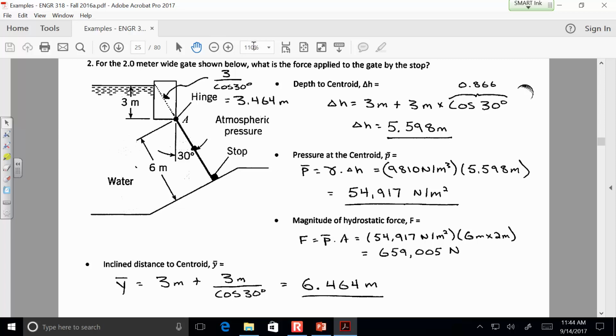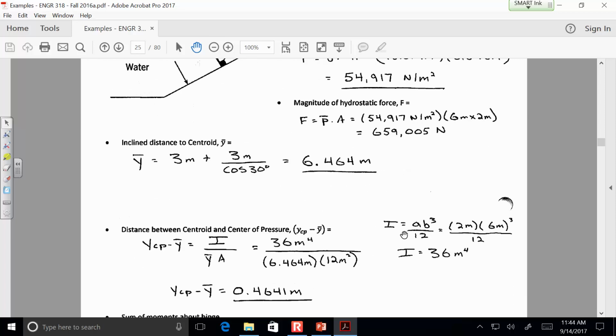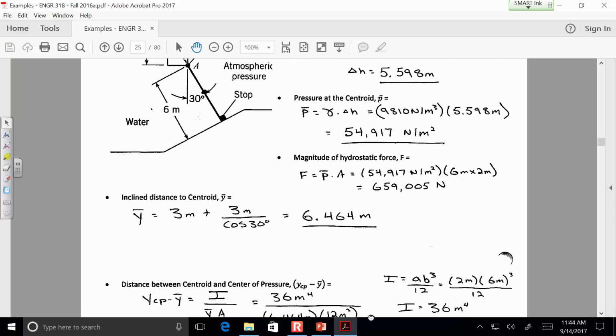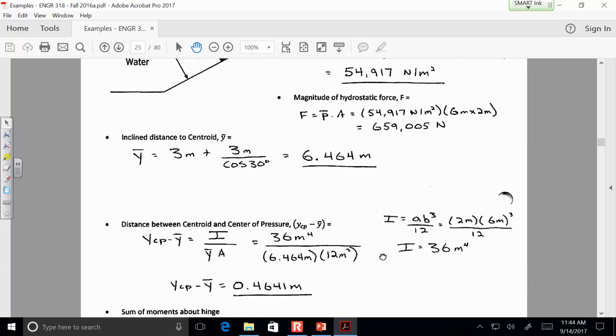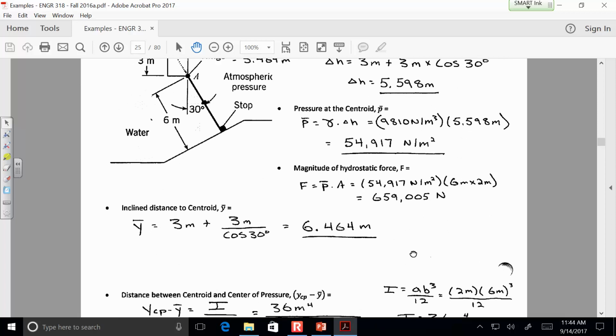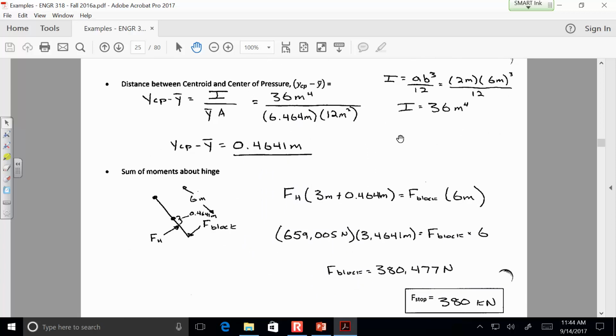All right, and then the reason why I've done the distance between the centroid and the center of pressure is that that is going to be more useful for finding the sum of the moments than if we go all the way back up to the surface. So let me show it in these terms. So we found this 0.464, which is the distance from, I've got that gap distance indicated on this little secondary drawing here.